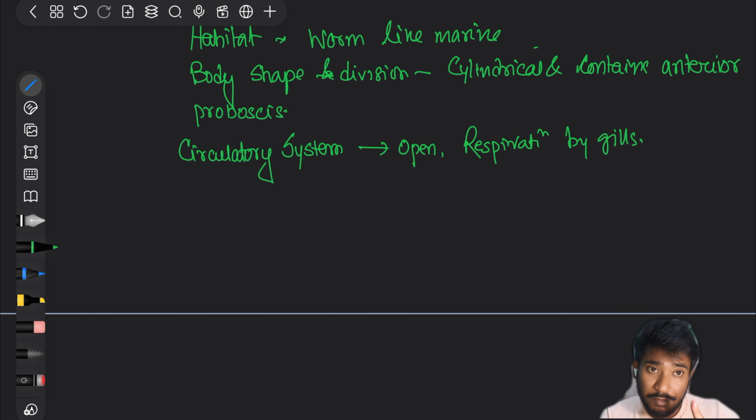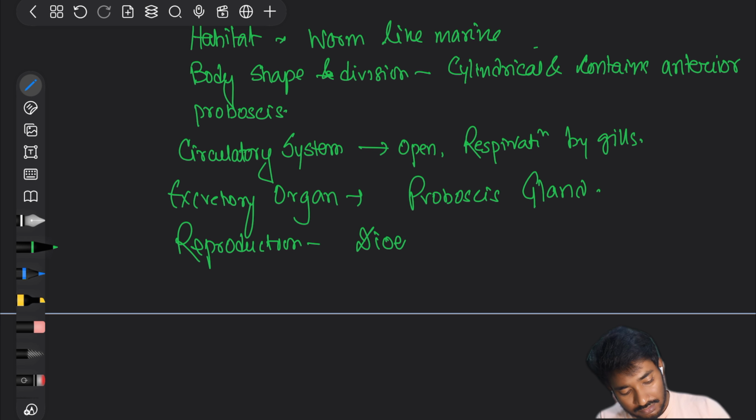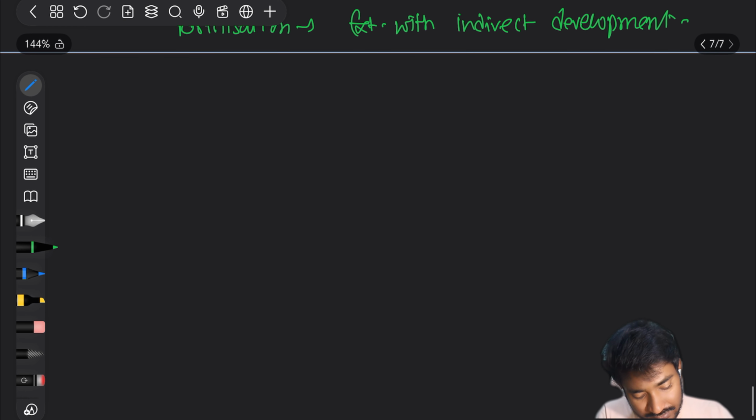Excretory organ: proboscis gland. Reproduction: dioecious animal. Fertilization: external with indirect development.